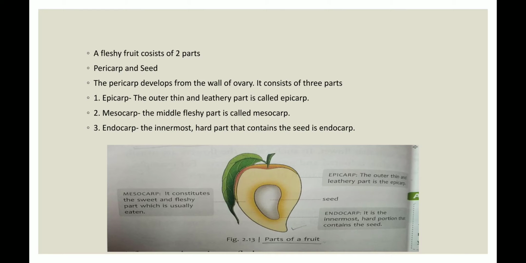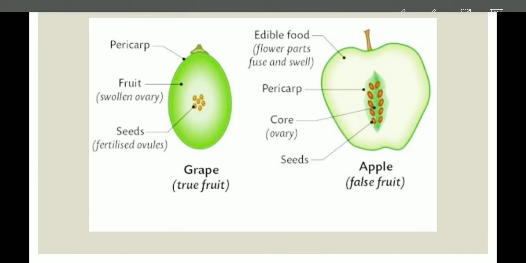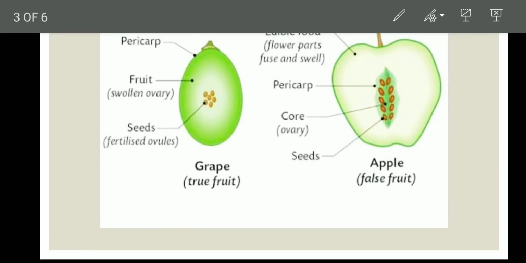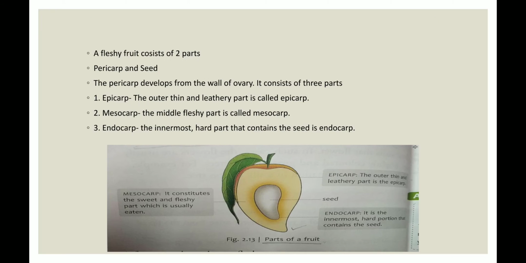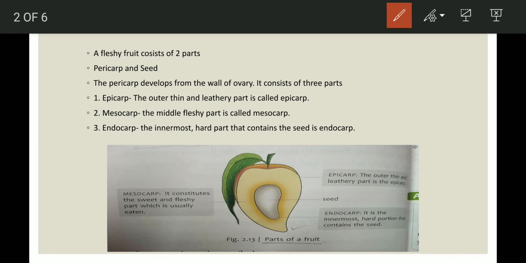A fleshy fruit consists of two parts, that is pericarp and seed. The pericarp develops from the wall of the ovary, as you can see here, students.